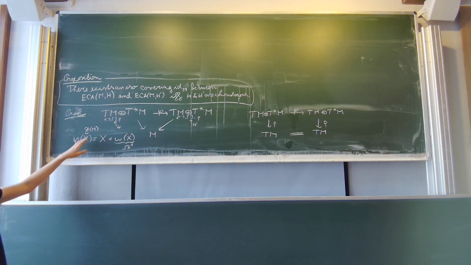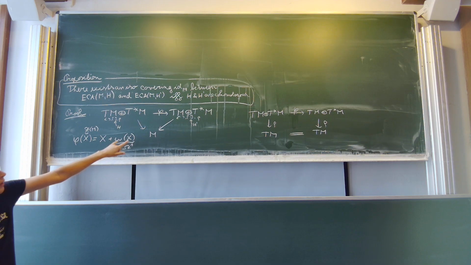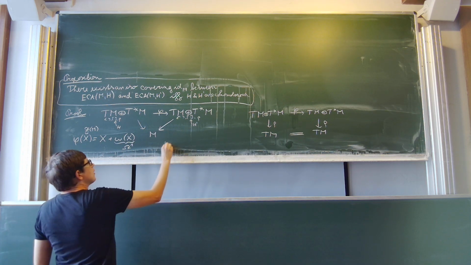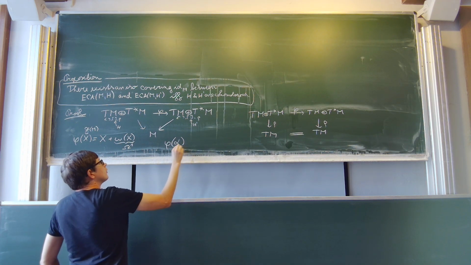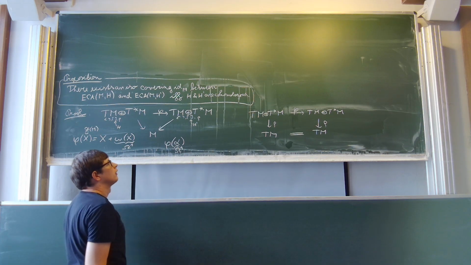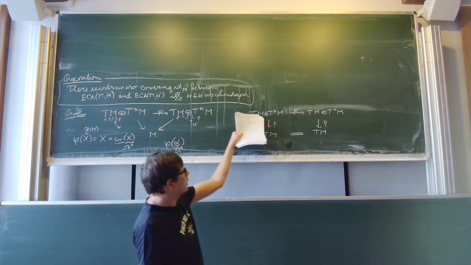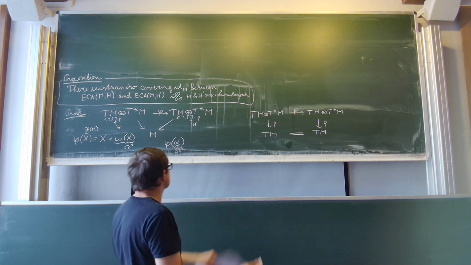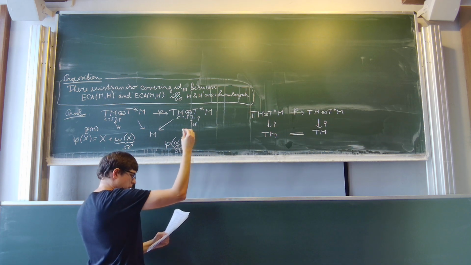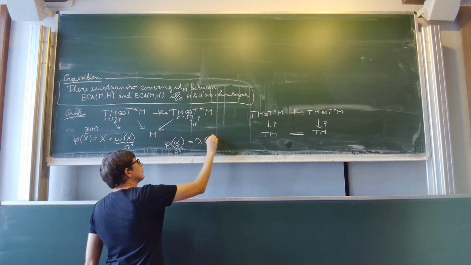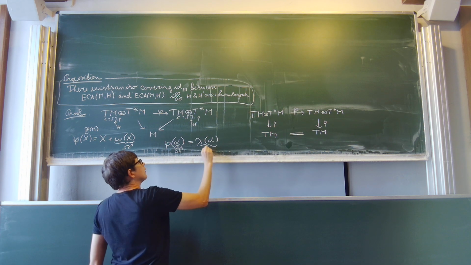If I apply this isomorphism on X, I need to get X, and potentially a one form. And if I apply it to a one form, which was mapped to 0, it should still map to 0 here, which means it should be mapped to a one form. Let's call this lambda alpha; it is again a one form.